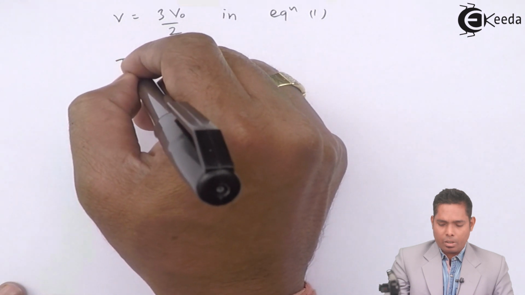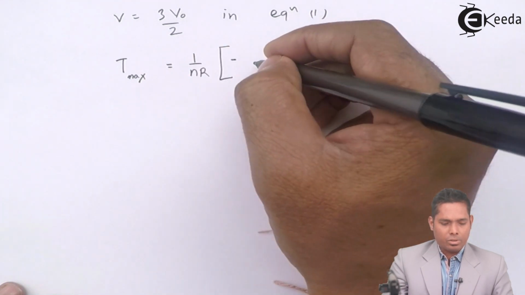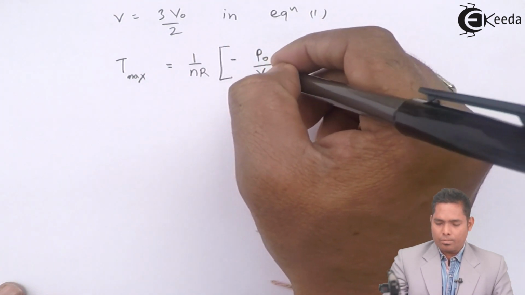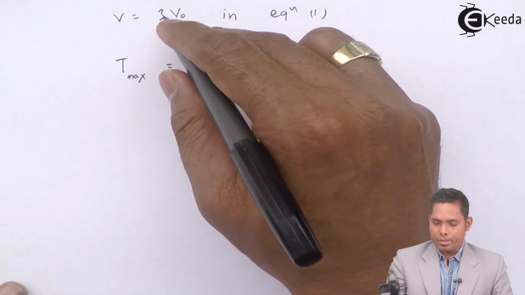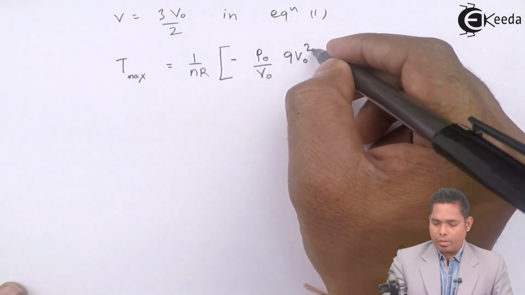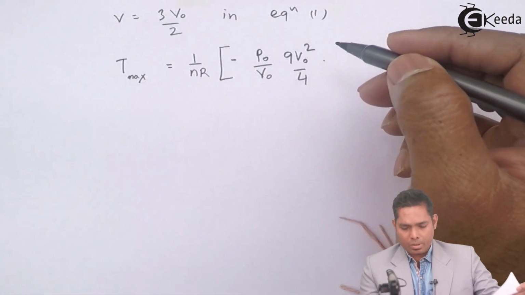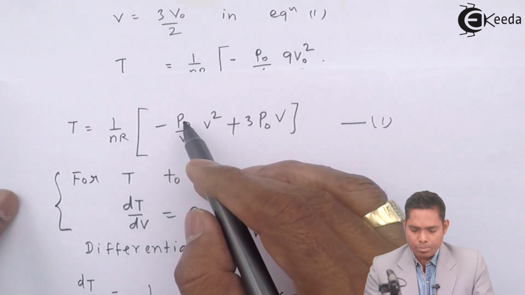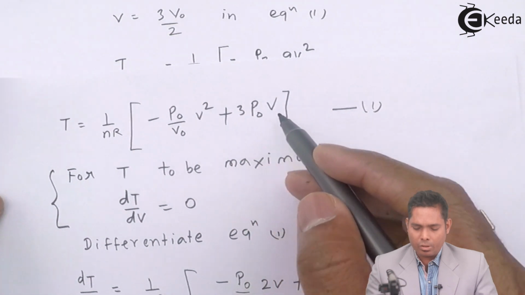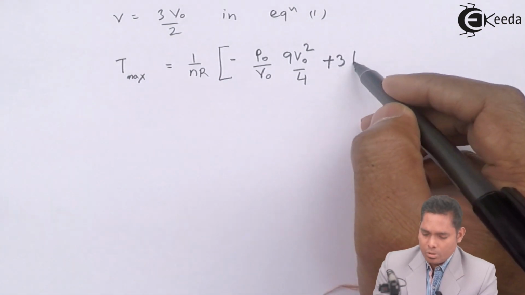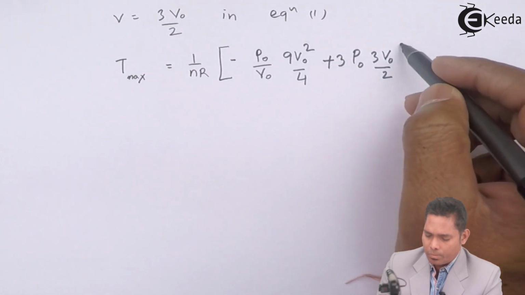T maximum equals 1 upon nR times minus P naught by V naught times V square. V square is 9 V naught square divided by 4, plus 3 P naught V, where V is again 3 V naught divided by 2.